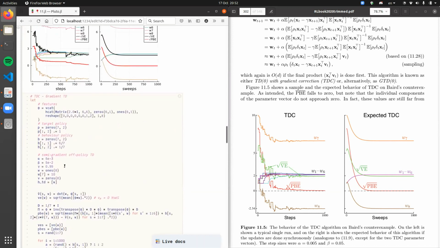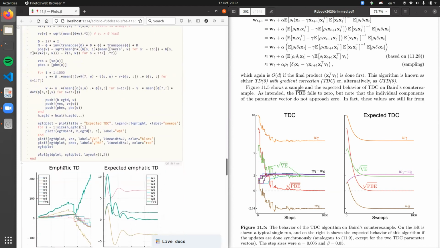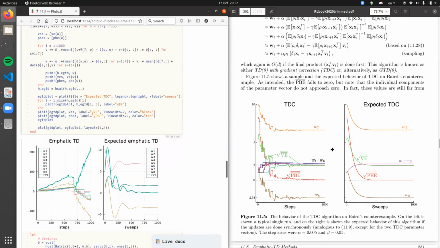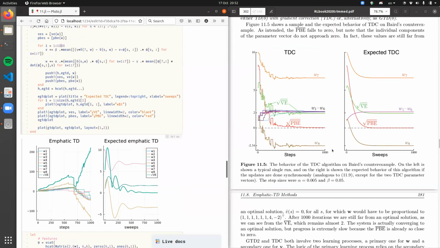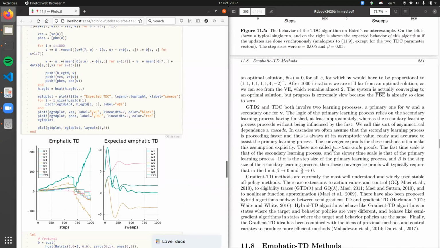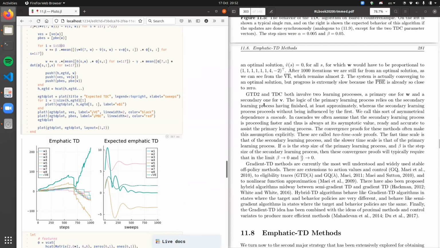All right. Okay, so that is TDC, and again we have these two learning rates, and there are convergence proofs for this kind of algorithm.